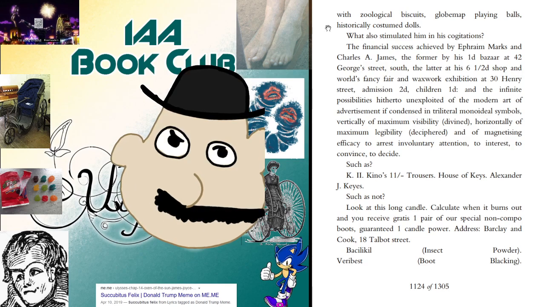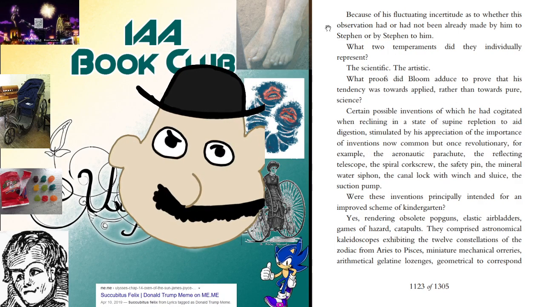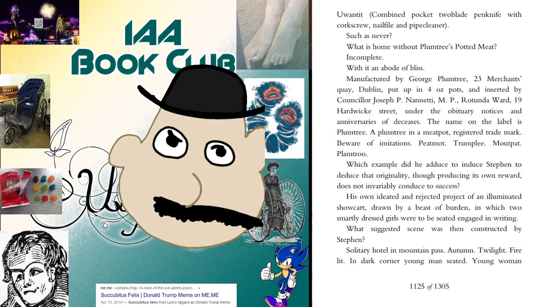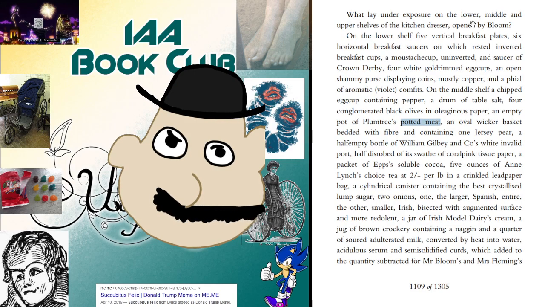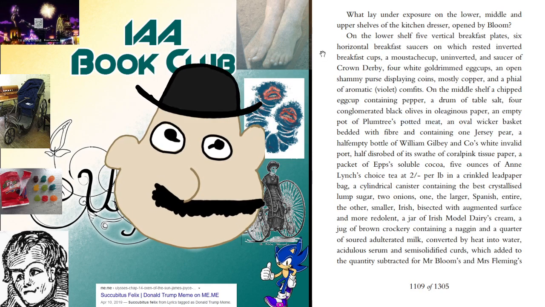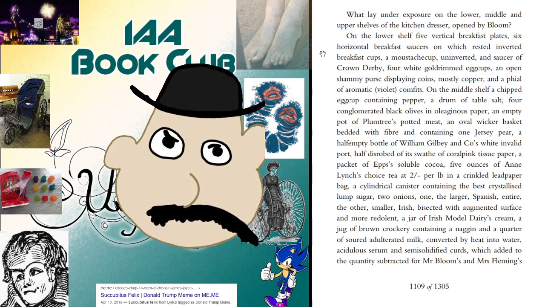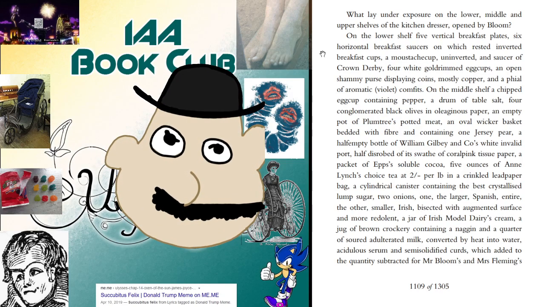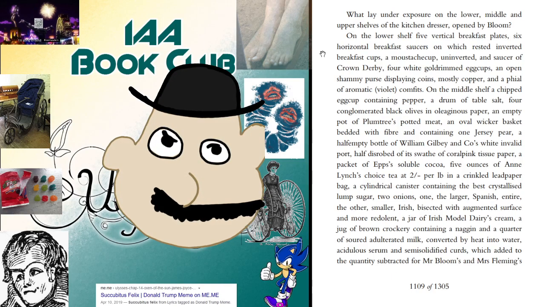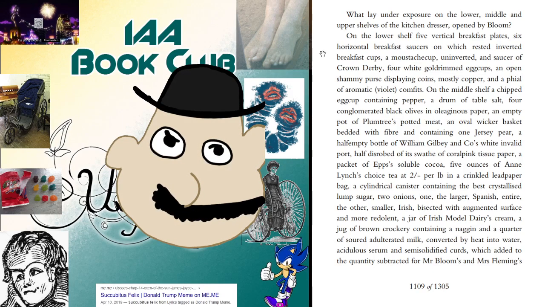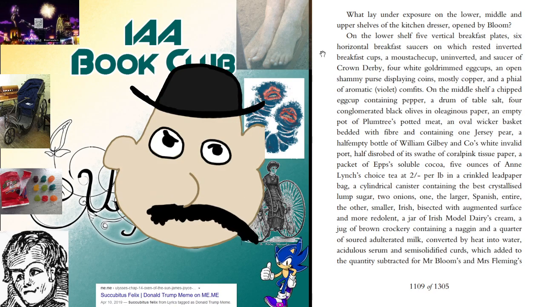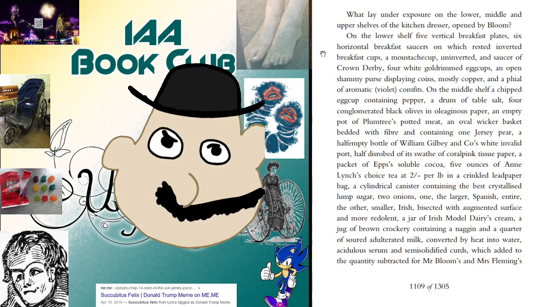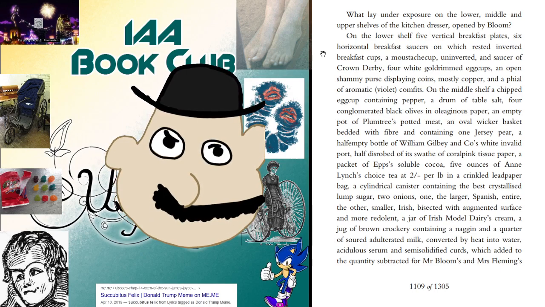So he is looking through his pantry. Where is the potted meat first mentioned? He is describing the entirety of his pantry. On the lower shelf, five vertical breakfast plates, six horizontal breakfast saucers, on which rested inverted breakfast cups, a moustache cup, uninverted, and the saucer of Crown Derby, four white gold-rimmed egg cups, an open chamois purse displaying coins, mostly copper, and a phial of aromatic violet comfits.